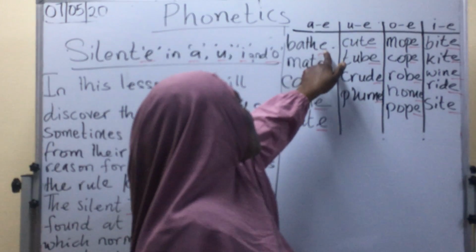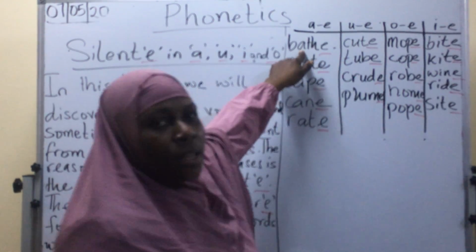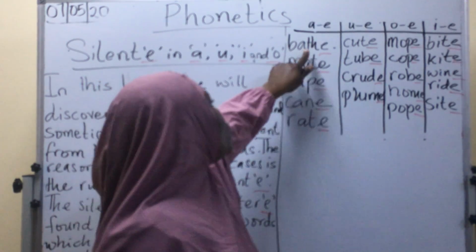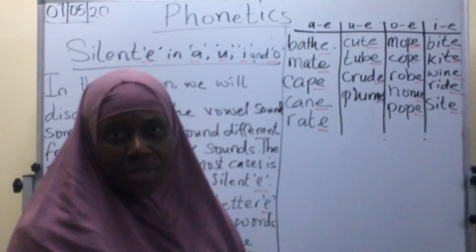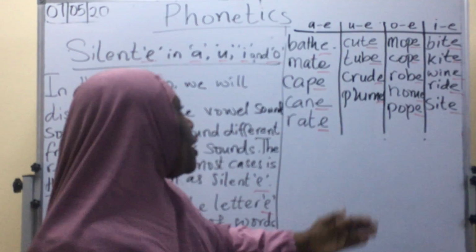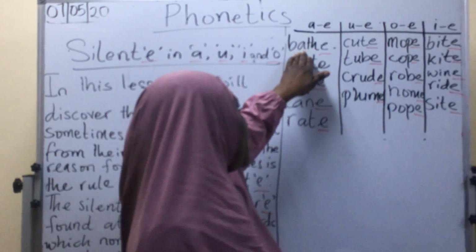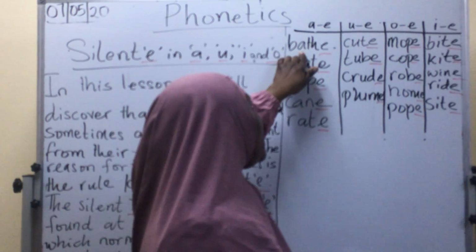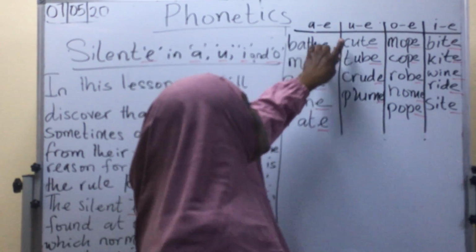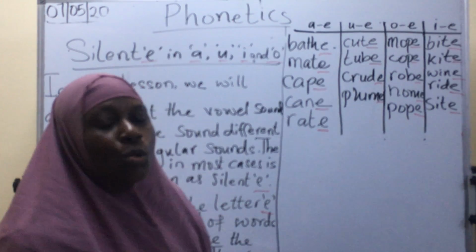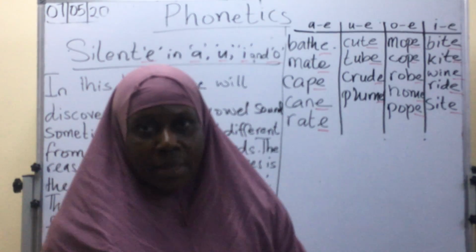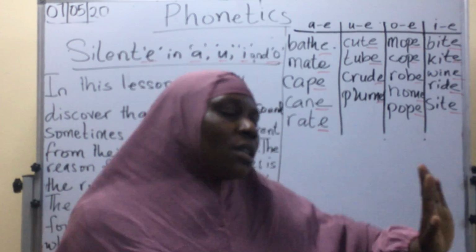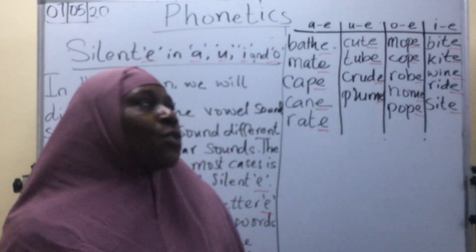But because of this E, this A is going to say its name, so we're not going to say bath. We're going to change it to A. So it will become B-A, and the E is silent. So it's going to be bathe, not bath, because if you say bath, you are saying something else. It has a different meaning from bathe.